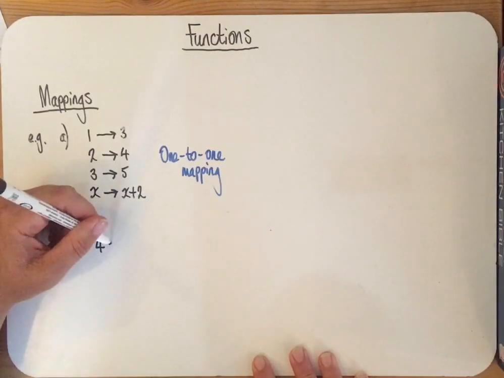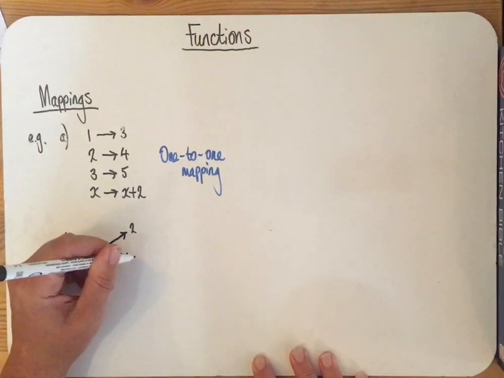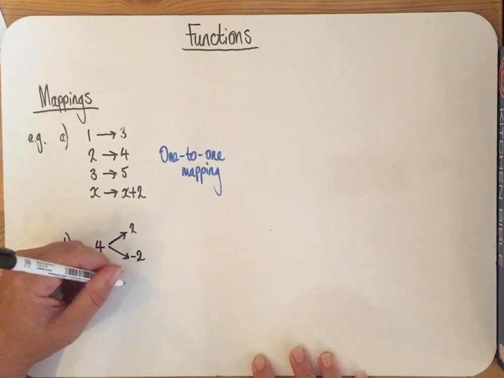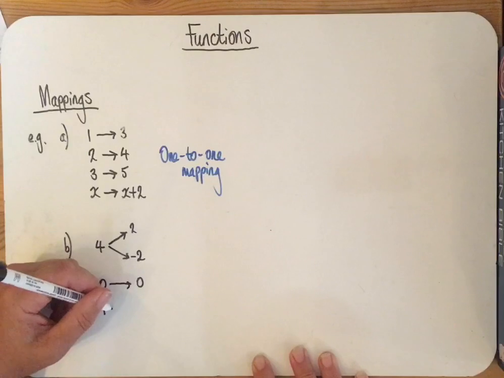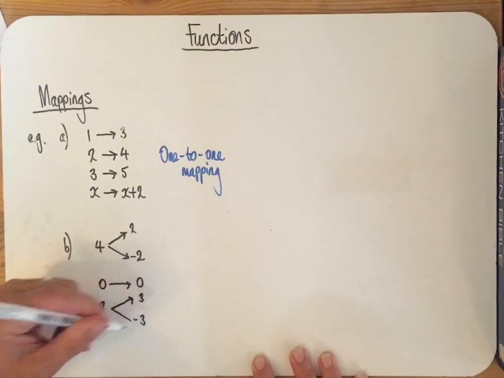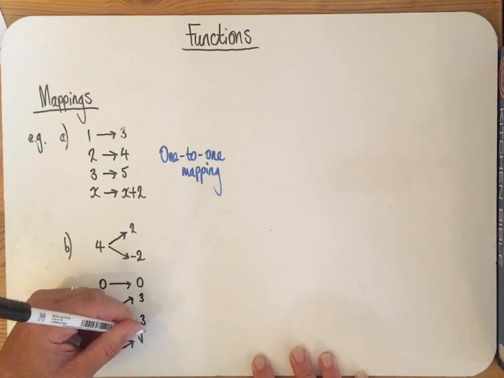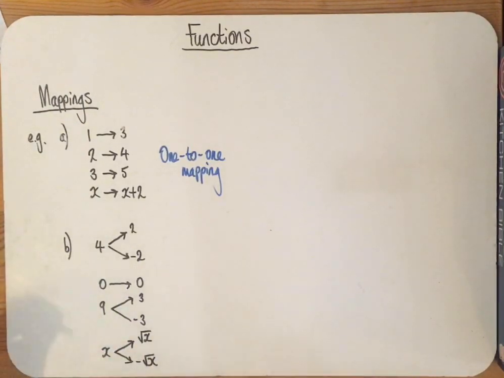Right, example 2. So 4 is going to 2 and minus 2. 0 is going to 0. 9 is being mapped to 3 and minus 3. So in general, x is going to plus and minus root x. This is a 1-to-many mapping.